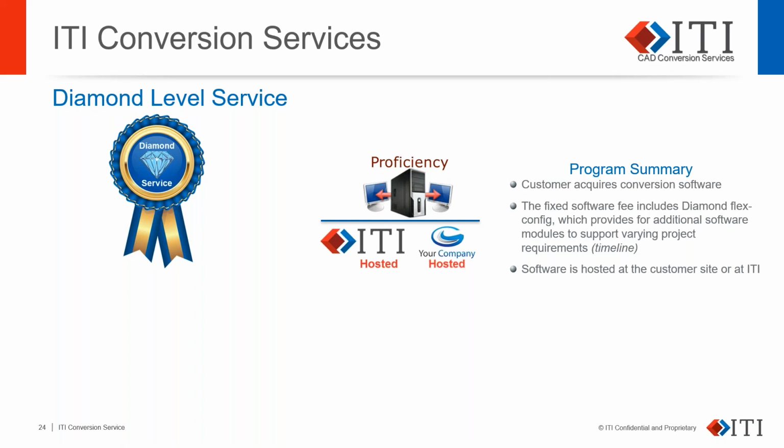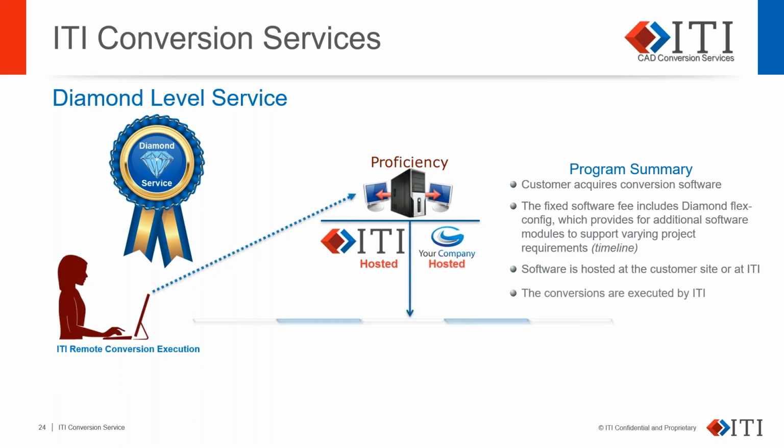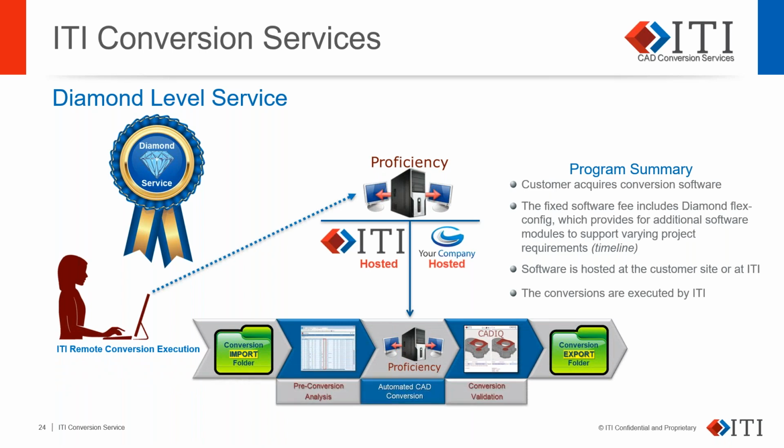We will run the project via this software, which is purchased by the customer, and this can be hosted either at the customer site or within ITI. The benefit of this is that because you have the software active, we can run as many instances as we like. So you could have 6, 9 different conversions happening at the same time. As I said, this is very beneficial for a project which is on a very tight time frame.